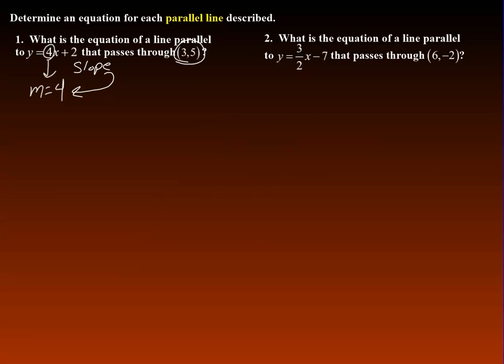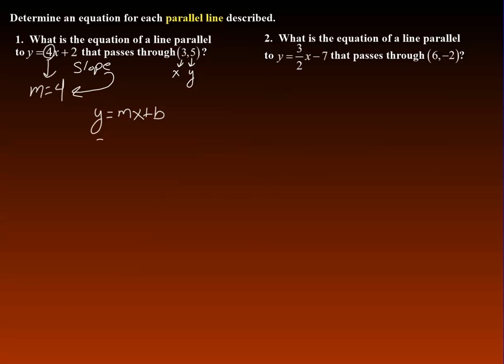So we're going to plug it into the slope-intercept form, y = mx + b. We're also going to use this ordered pair. This is x and this will be y, and we're going to look for our b value.